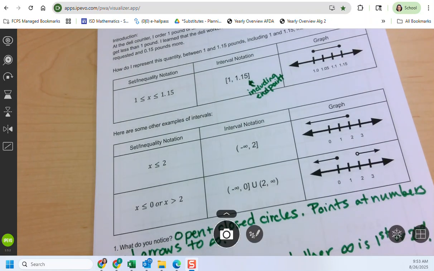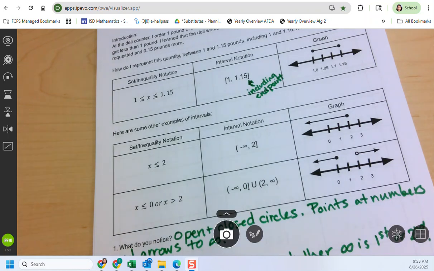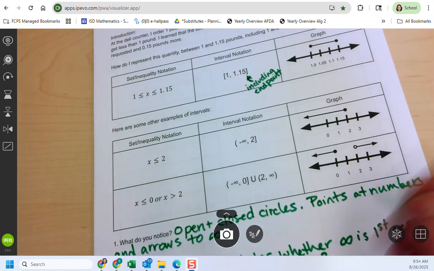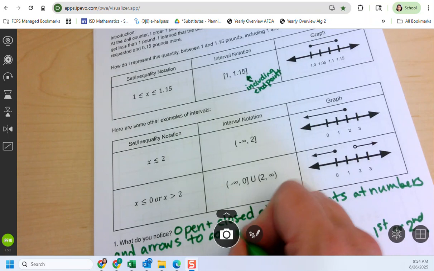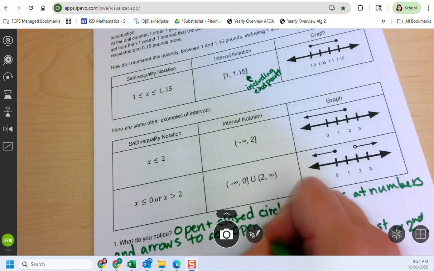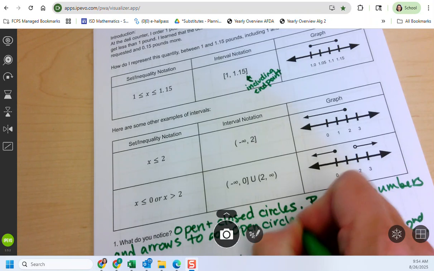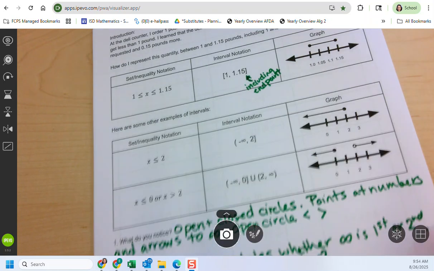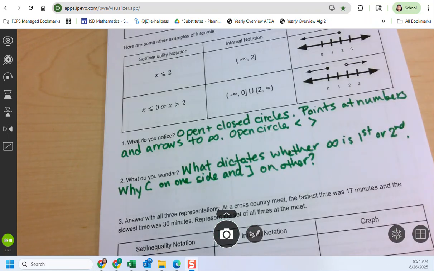Yes. I noticed that the open circles mean greater than or less than, and the closed circles mean greater than or equal to and less than or equal to. Okay. So open circle is used for this symbol or this symbol, the less than symbol or the greater than symbol. You guys need to tell me when you can't see what I'm writing.